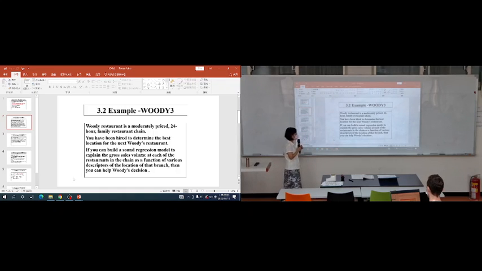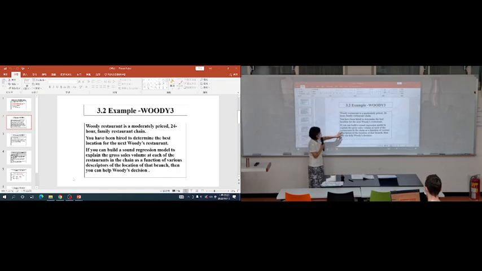So if you learn econometrics, if you learn this regression analysis, then you can build a regression model to help Woody restaurant select the best location.